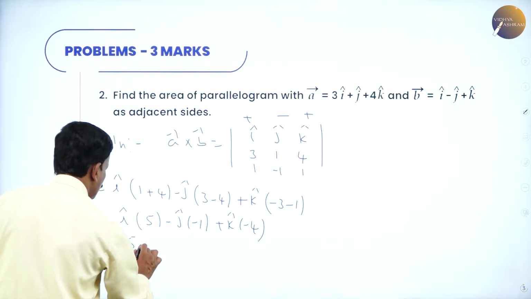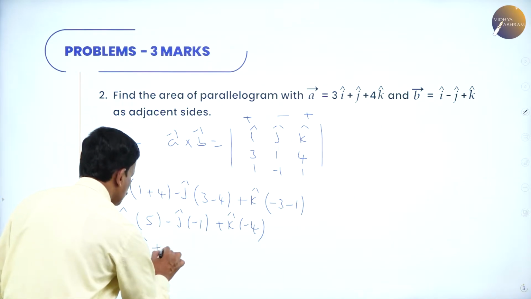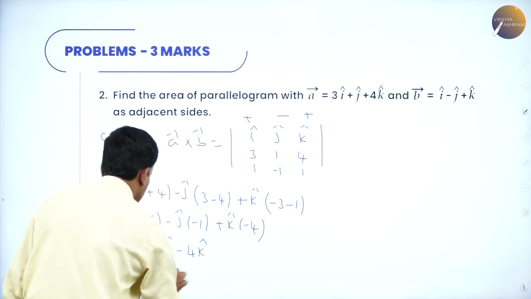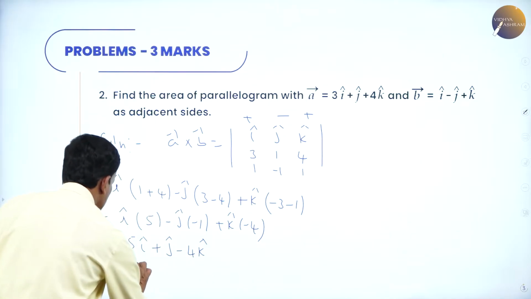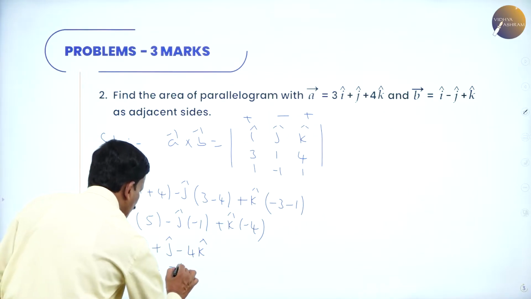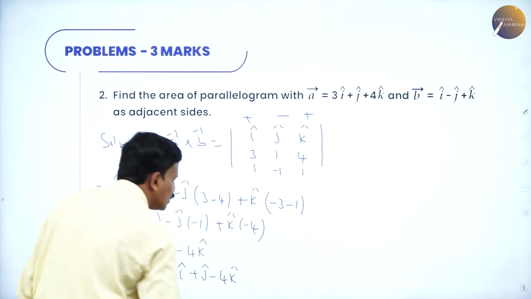So the cross product of A and B is equal to 5i plus j cap minus 4k cap. This is a vector.